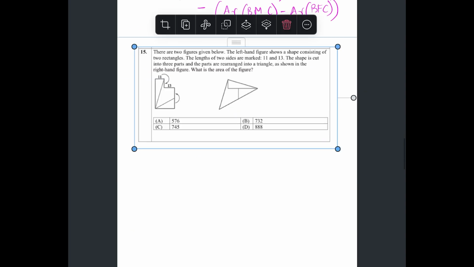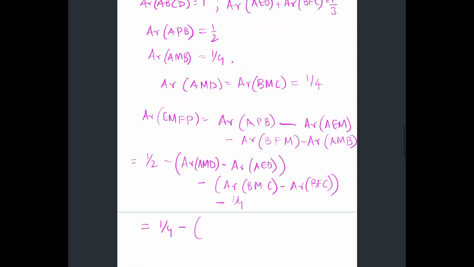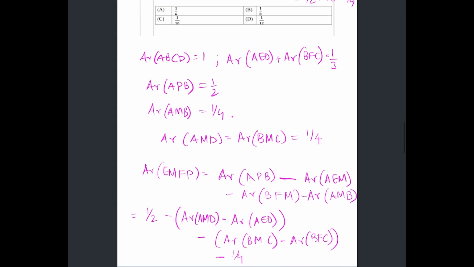So this becomes half minus 1 by 4, minus area of AMD, which is 1 by 4 minus area of AED, minus area of BMC, which is also 1 by 4 minus area of BFC.